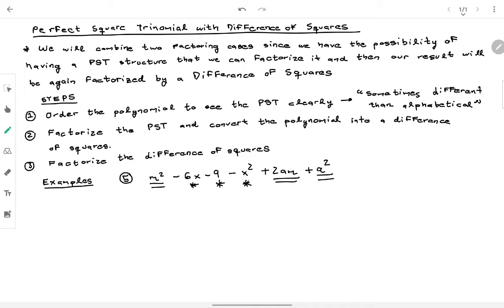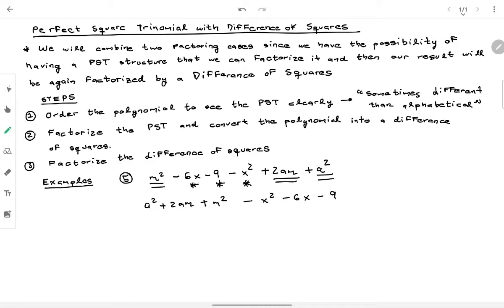So let's see how to order it. I will put first the one that is positive, a squared, I'm sorry, not m squared. I need to start with a squared plus 2am plus m squared. And then I will put the other one that is going to be x squared minus 6x minus 9.